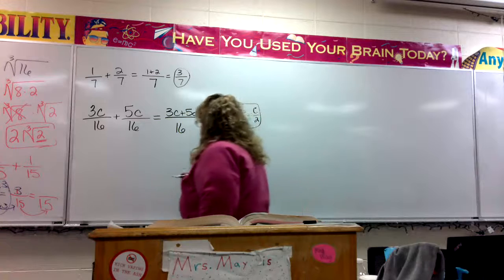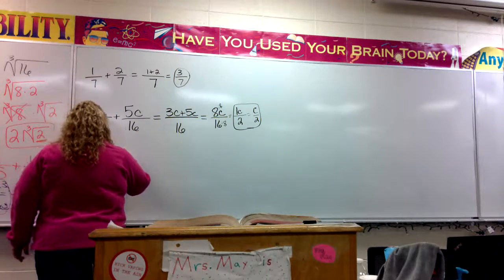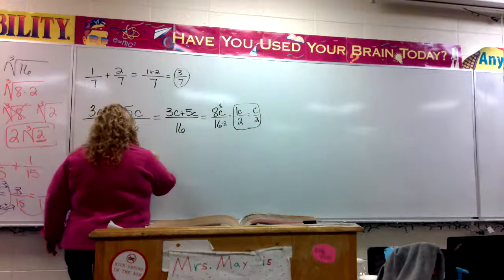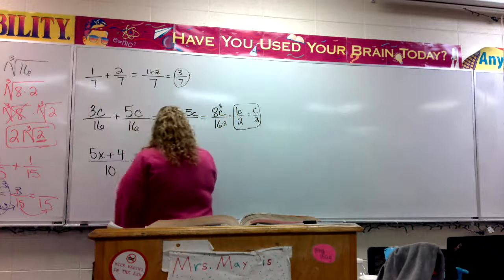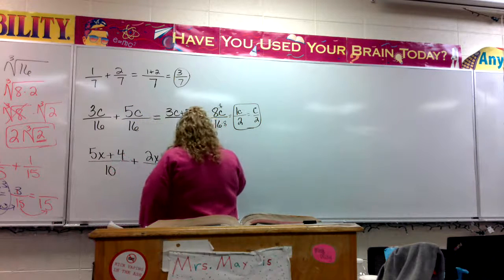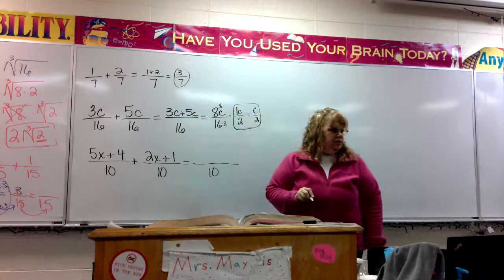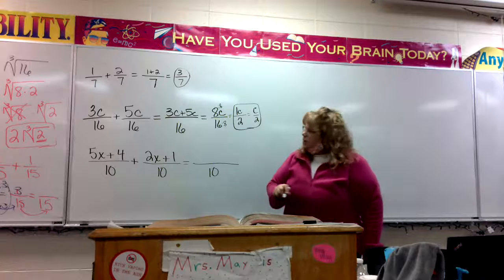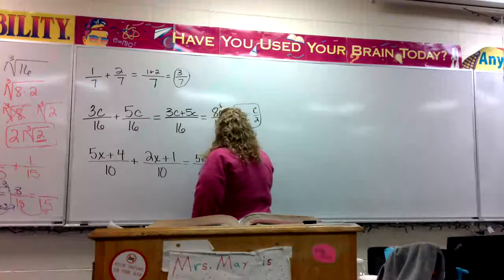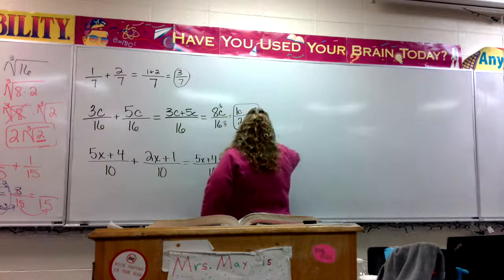How about this one? 5x plus 4 over 10 plus 2x plus 1 over 10. I'm going to have 10 when I'm all done, right? 5x plus 4, and I'm adding 2x plus 1.